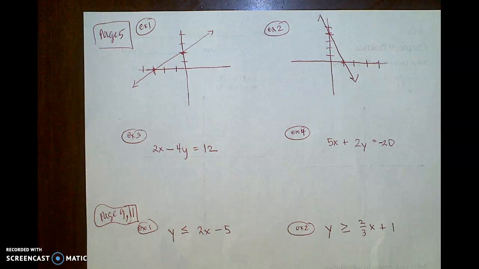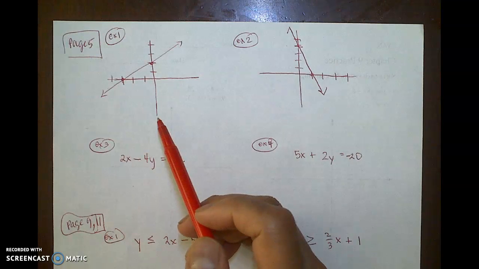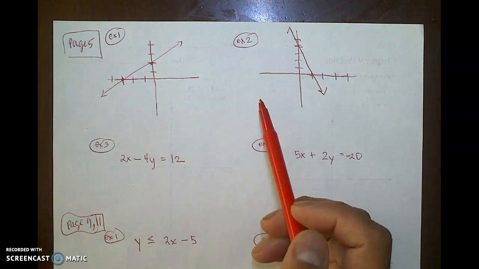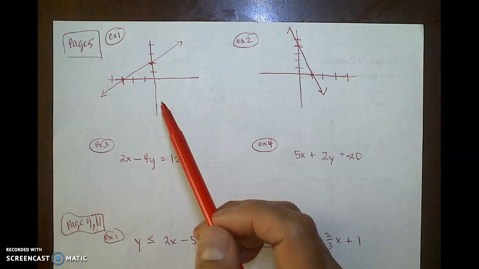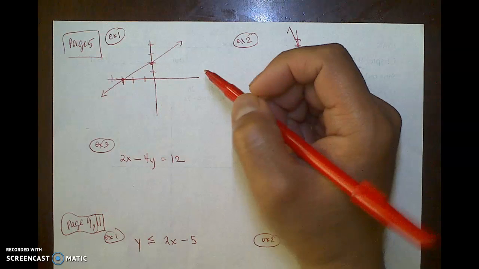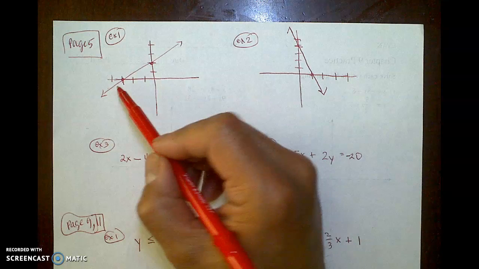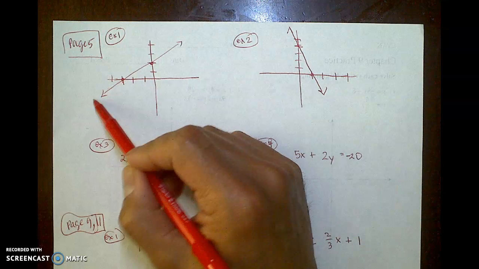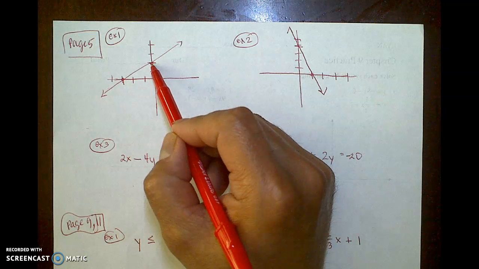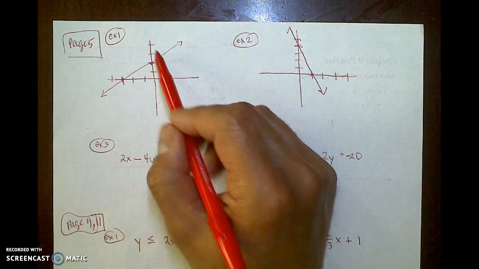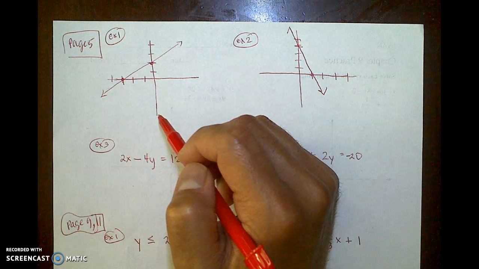On page 5, you were given graphs of lines and asked to identify the x and y intercepts. If you recall, we talked in class about how the x-intercept is where the line hits the x-axis, and the y-intercept is the point where the line hits the y-axis.